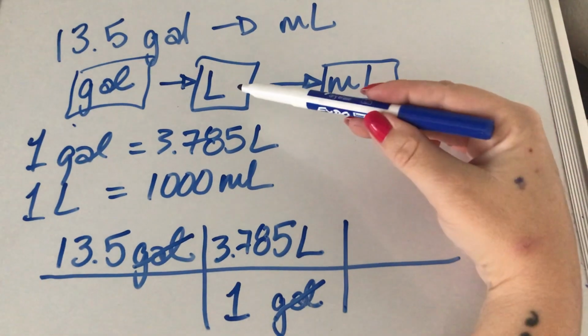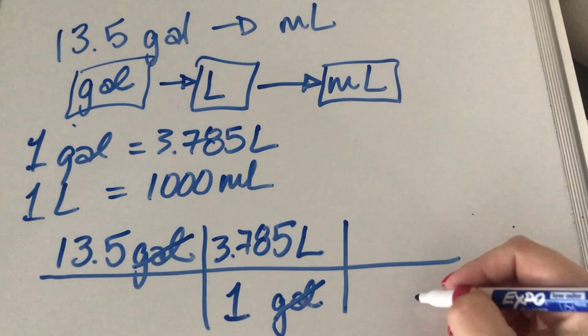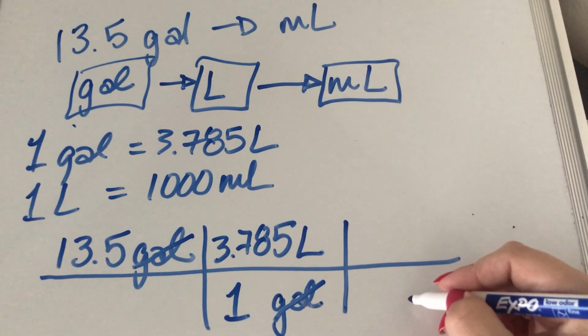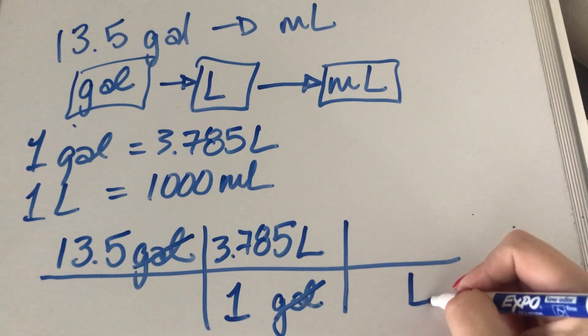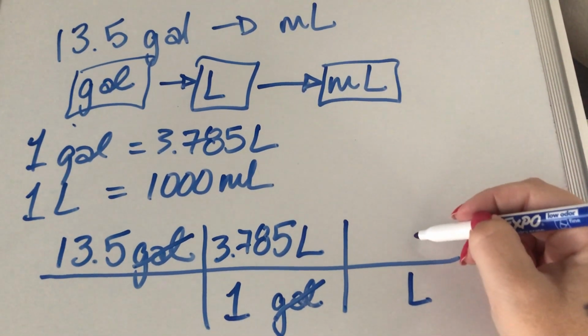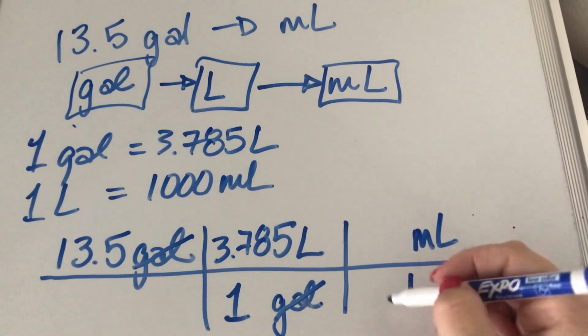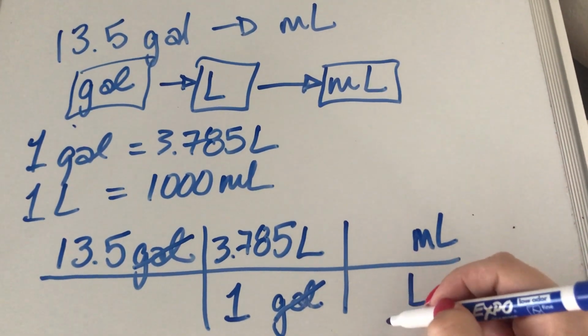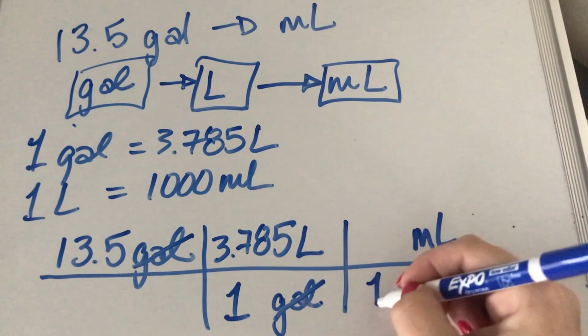So now for my next step, I need to go liters to milliliters, right? So what unit's going to go on bottom? Liters. And what unit's going to go on top? Milliliters, right? So what number goes next to liters? 1.